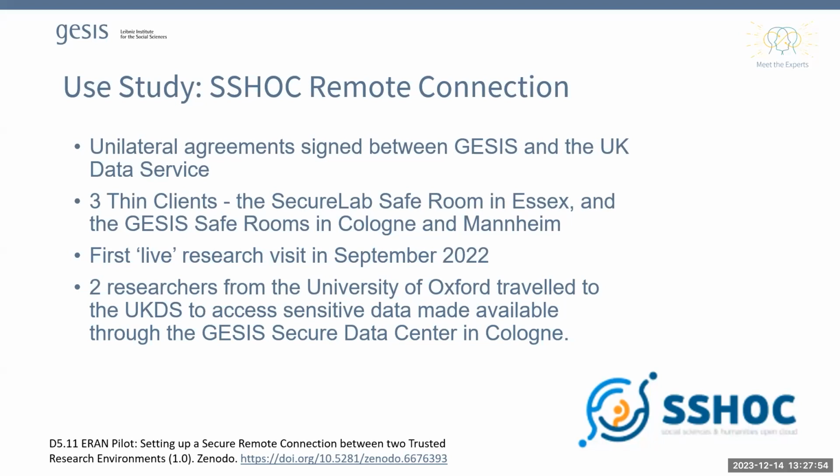There's one in the UKDS, they call their service Secure Lab, and there's one in our safe room in Cologne, and there's one in the safe room in Mannheim. And what this means is researchers can come to Cologne or Mannheim and access the UKDS data, but also researchers can go to the UKDS and access GESIS data.